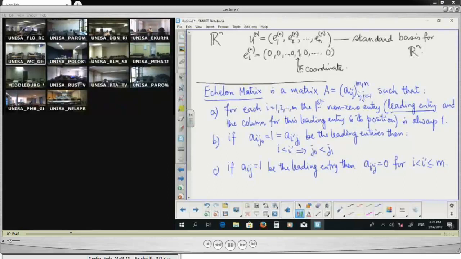So below a leading entry, in that column, everything is 0. Okay?